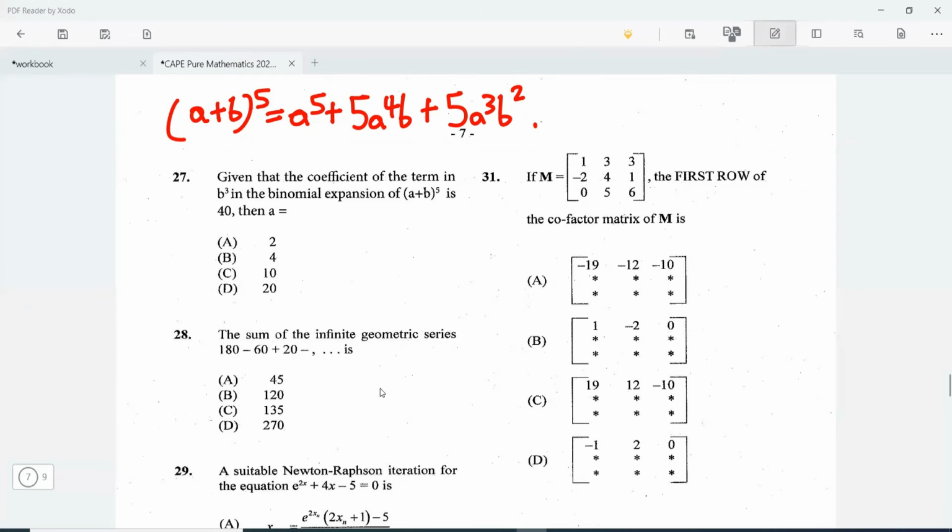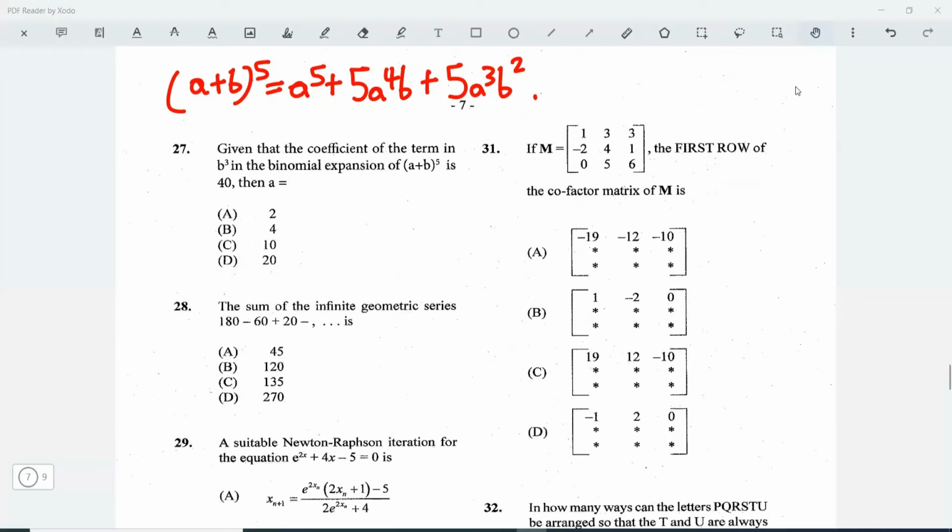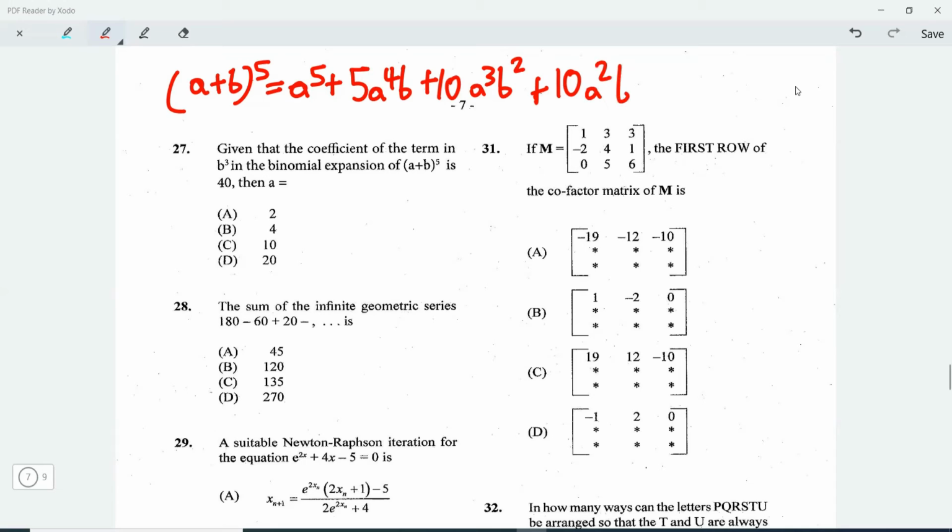All right. I don't want to use a binomial expansion. So guys, maybe you were looking for me to do the binomial expansion. I like to just, you know, do it different ways. Use the Pascal triangle now. So this is 10 times a squared b cubed plus 5 times a b to the 4 plus b to the 5th.